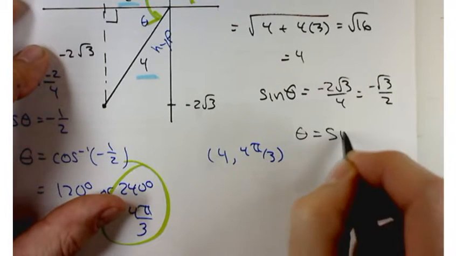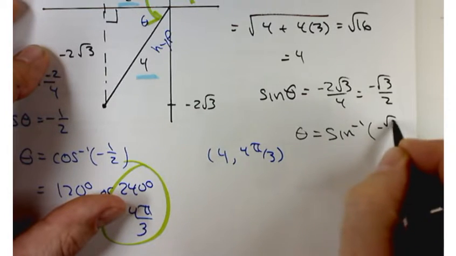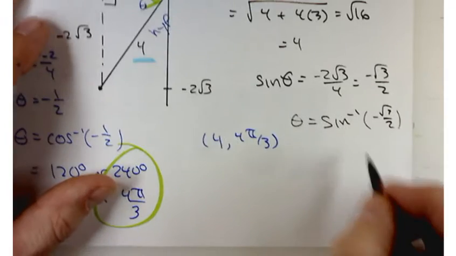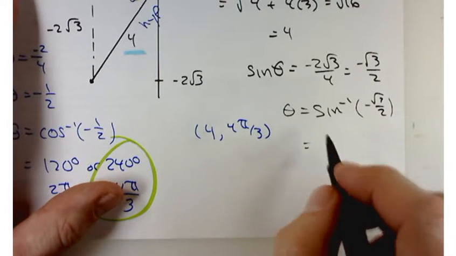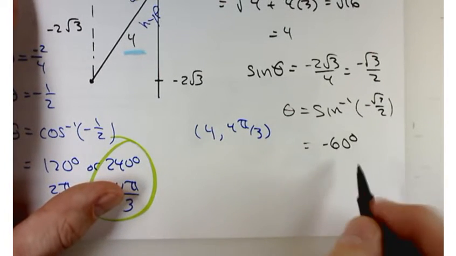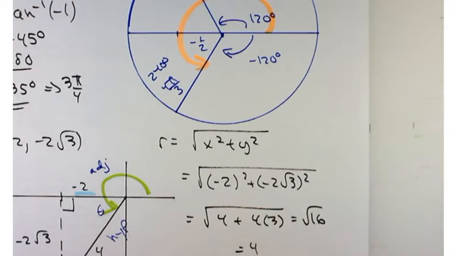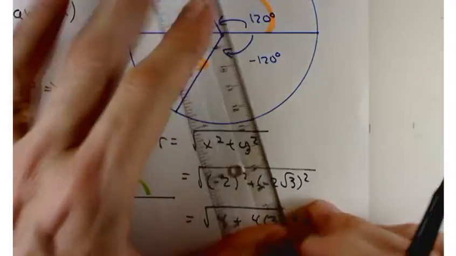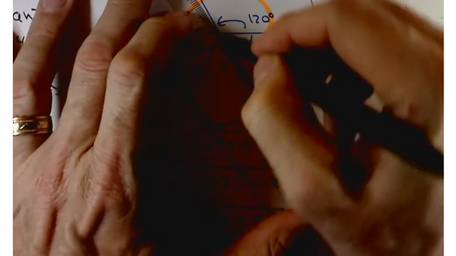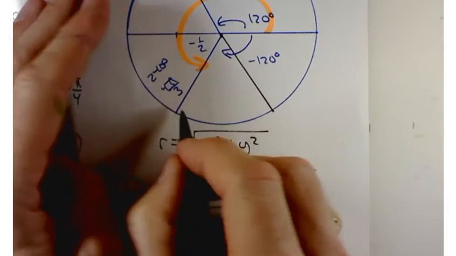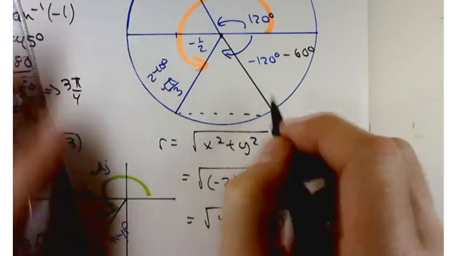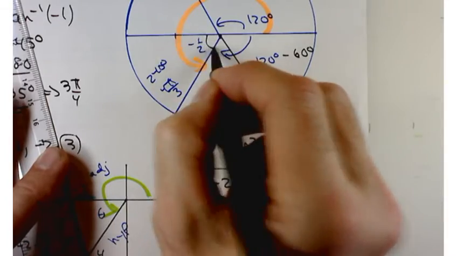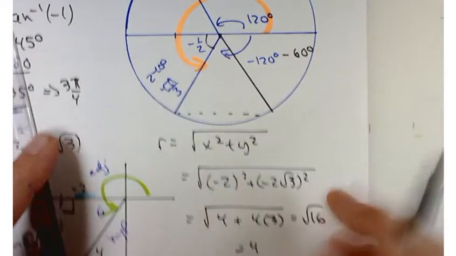When I do the inverse sine, I'll get negative 60 degrees. And I can play the same game with sine that I did with the inverse cosine. If I got a y-coordinate at this height, basically a negative 60 degree angle, then this part here is also 60 degrees. So you can work it that way.